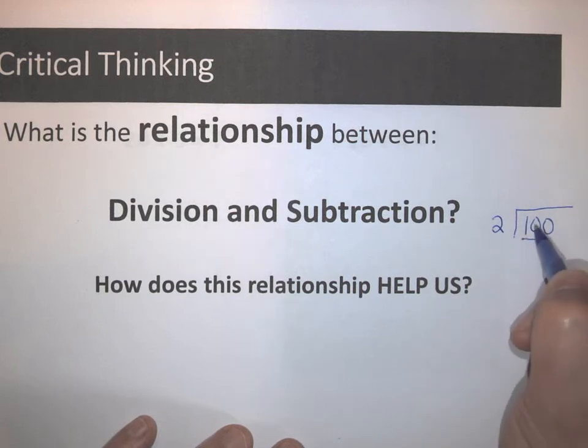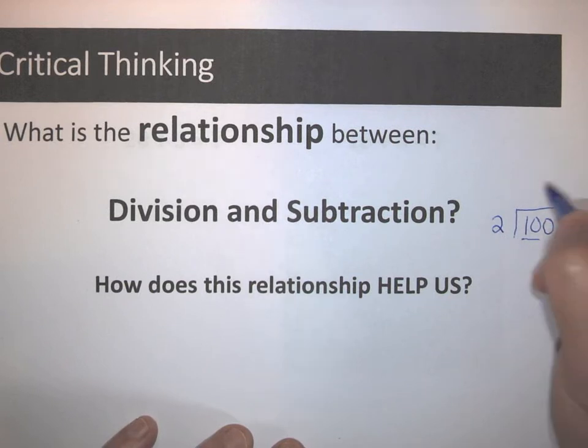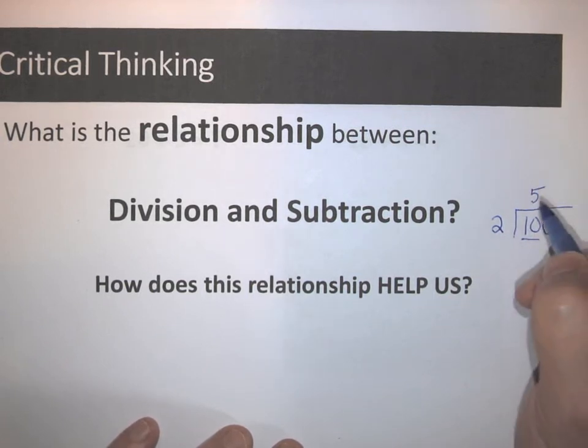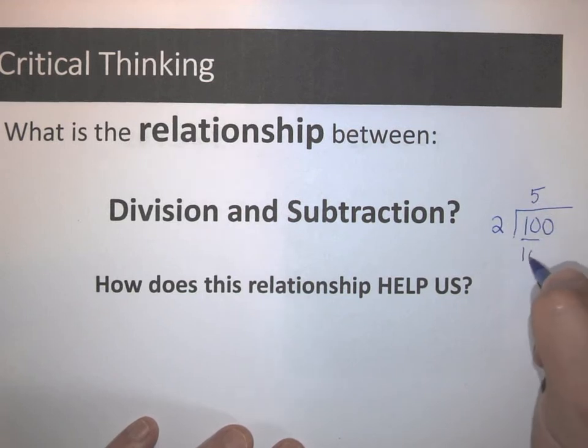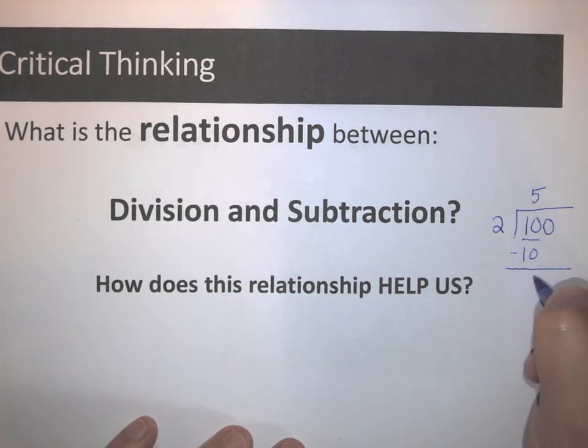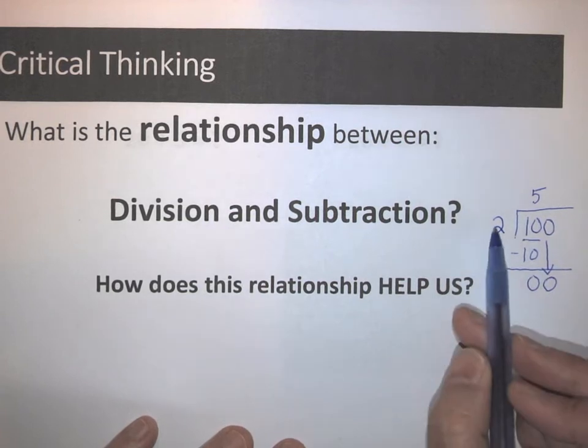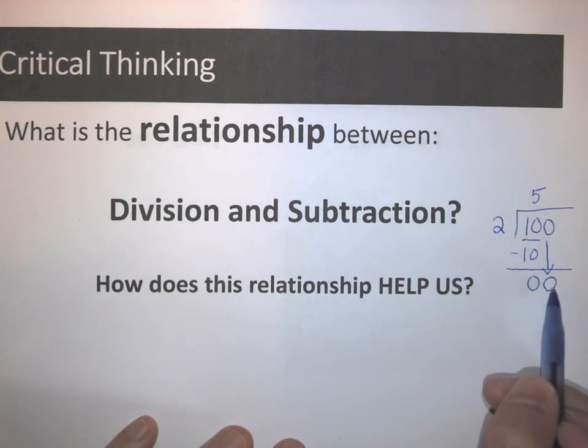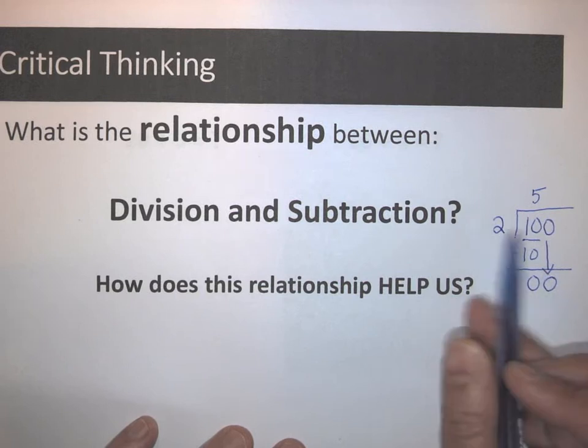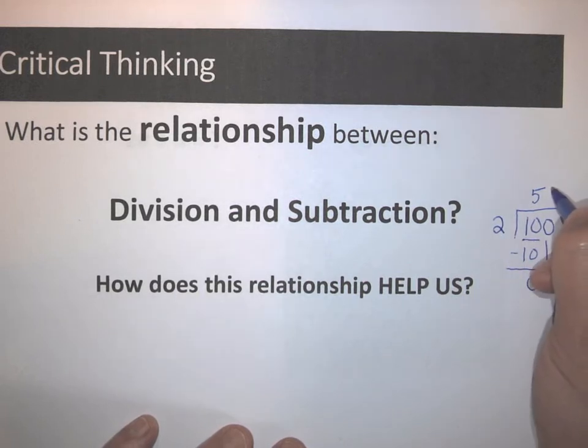So the way we do the long division is I would take 10 divided by 2, and that would give me 5, which I can prove with the inverse relationship. 5 times 2 is 10. Then the way we do it, we subtract. That gives us 0, and then I bring down the other 0. And then I try to divide this that's left. Well, 0 divided by 2 is 0.